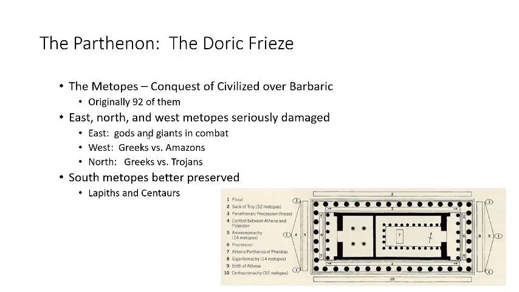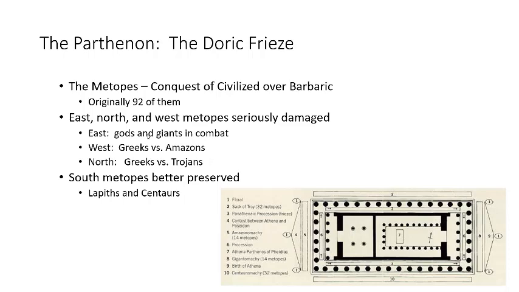Originally, there were 92 different plaques. East, north, and west metopes were all seriously damaged. The east ones were gods and giants in combat. The west ones were along the theme of Greeks versus Amazons. The north ones were along the theme of Greeks versus Trojans.